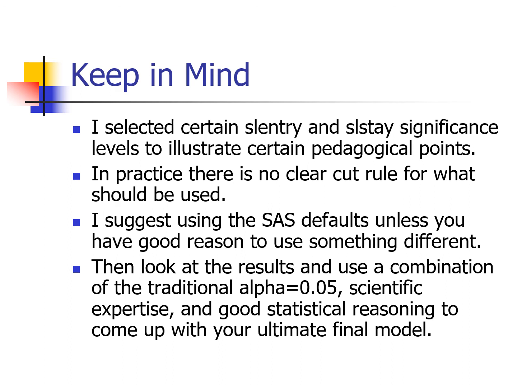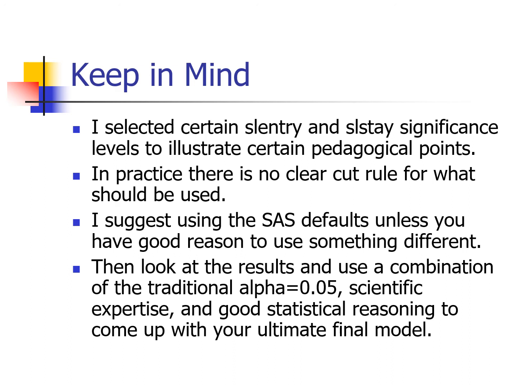So again, just to reiterate, I picked certain SL entry and SL stay significance levels to illustrate certain pedagogical points. In practice, I've looked around and I can't really find a clear-cut rule. So I would suggest using the SAS defaults unless you have a convincing reason to do anything different.